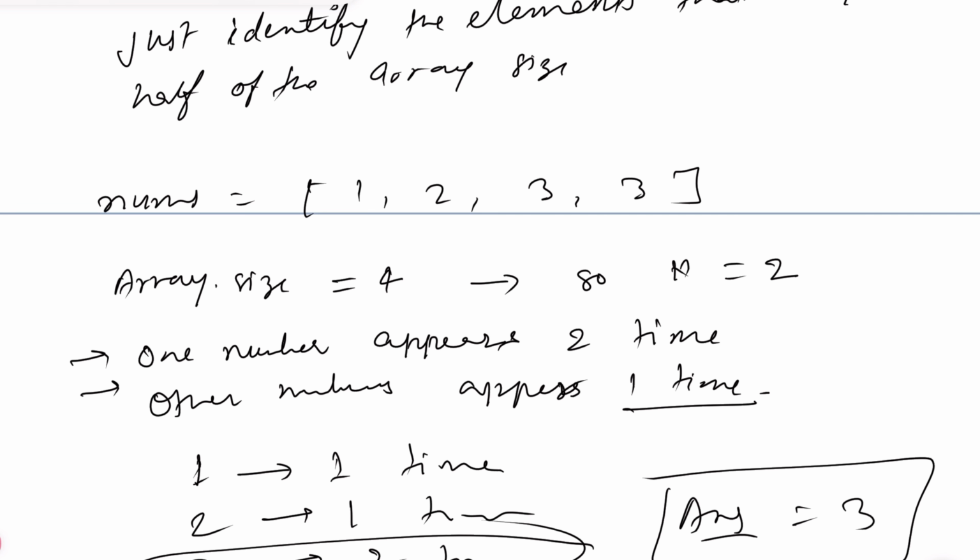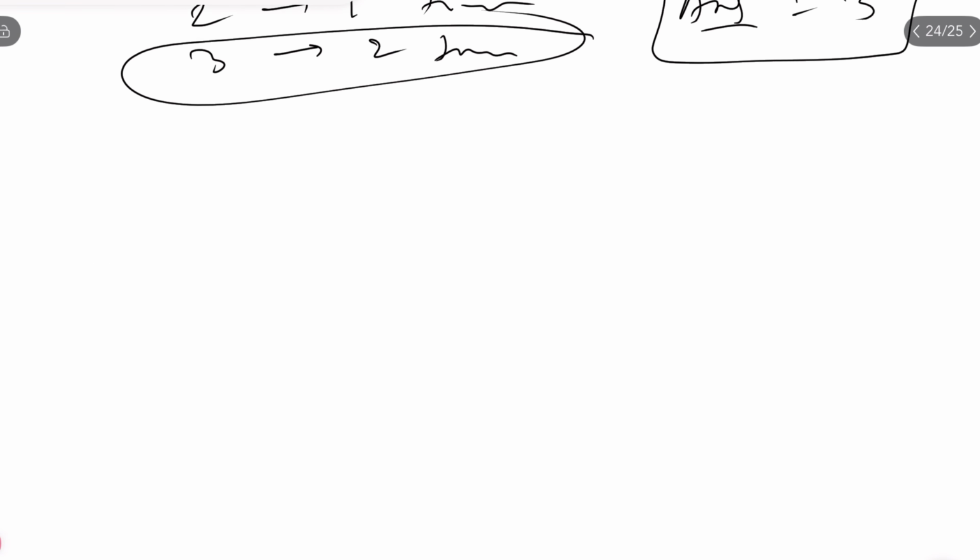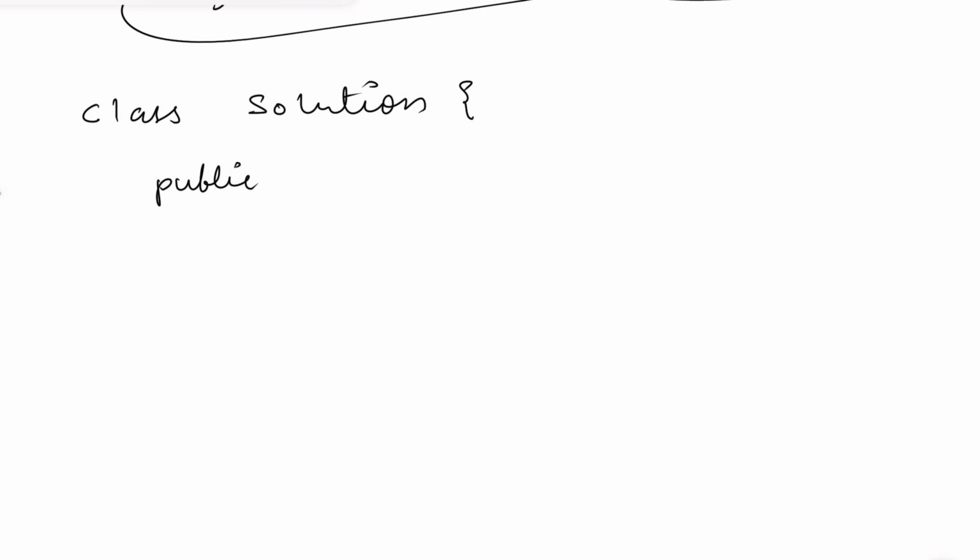Okay, so how are we going to write the code? Let's write the code, and you can try this code on LeetCode. Very first, let's suppose we are given a class, and this class is a Solution. Then you will write public int, and the method name I'll give is repeatedNTimes.